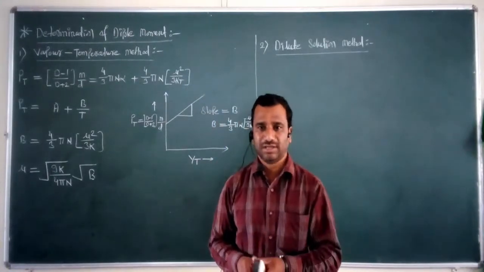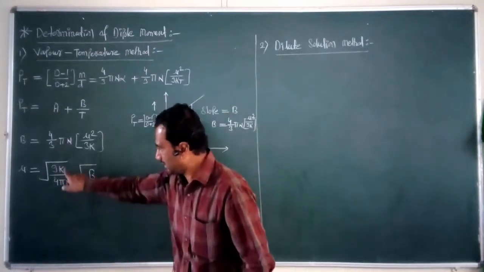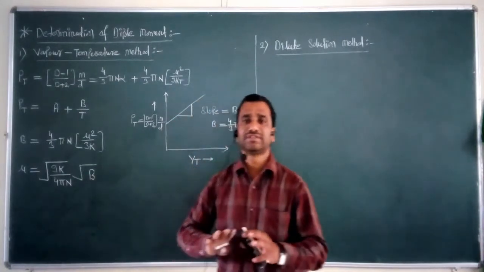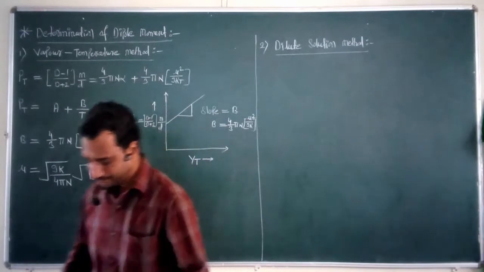Now, if we substitute the values for the constants, the Boltzmann constant, pi, and Avogadro's number n, we get the next equation.